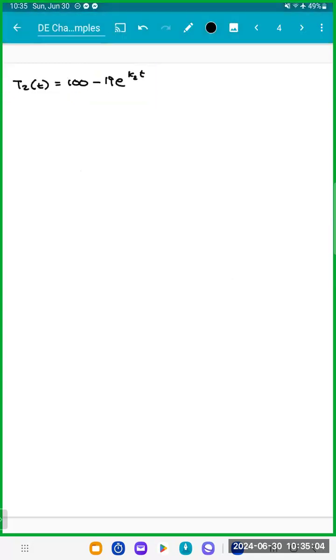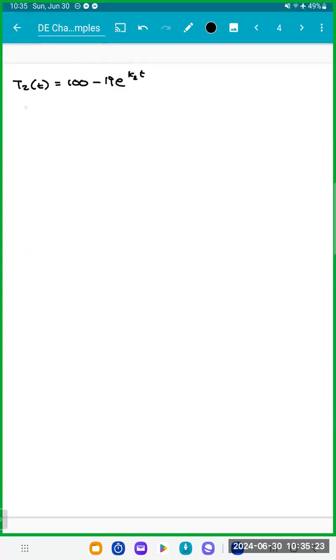Okay, so we have T sub 2 of T is equal to 100 minus 19e to the K2T. And after 1 minute in the second tank, the temperature of the metal bar is 91 degrees Celsius, is what they told us, right?